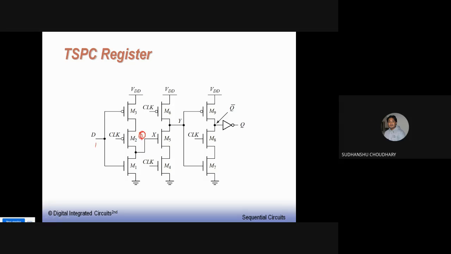Then X is directly connected through M1 to the ground, so that is why it is 0. And in that case Y is 0.